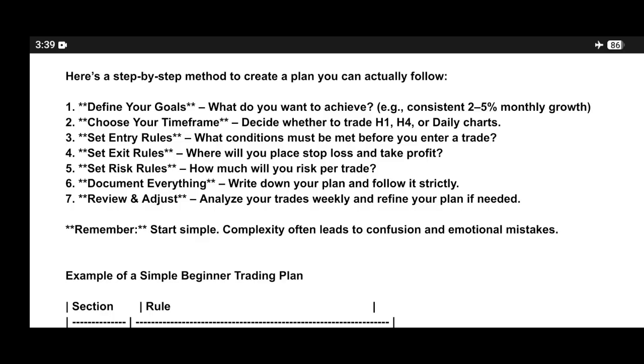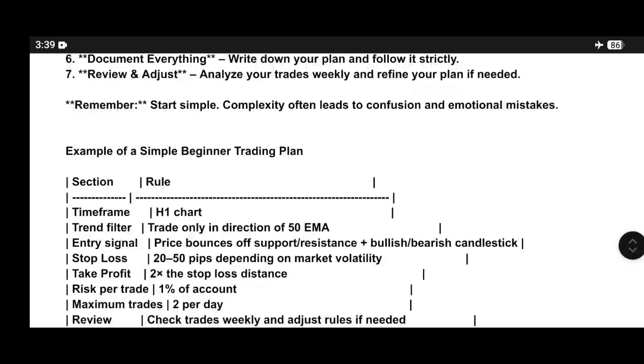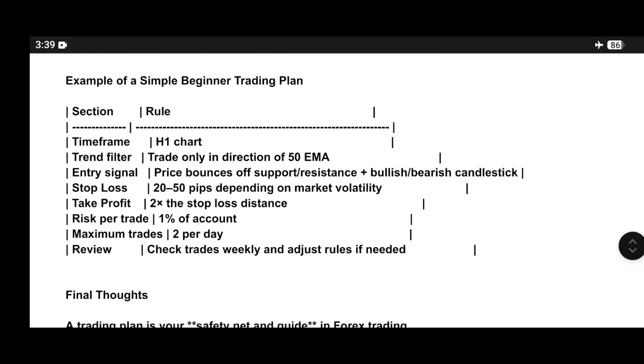Here is an example of a simple beginner trading plan. Here are the sections and here are the rules. Your time frame should be 1 hour or 4 hour. Your trend filter: trade only in the direction of the 50 exponential moving average. Your entry signal should be a bounce off support or resistance plus a bullish or bearish candlestick.